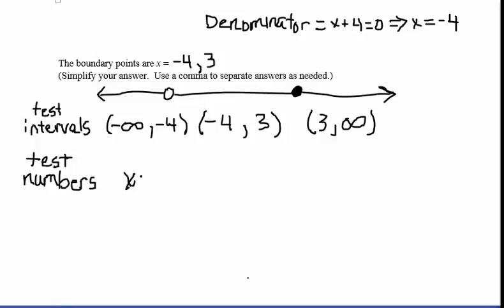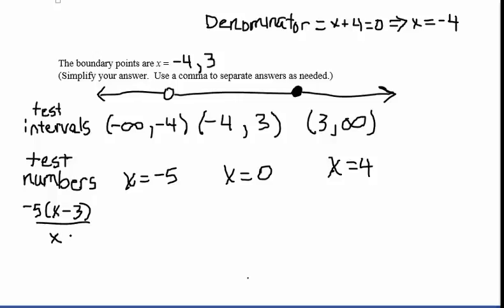The intervals represent all the numbers that are not boundary numbers. That's why none of these intervals include the boundary numbers. And I pick a number that lies in each interval. Negative 5 lies in the first interval, 0 in the second, and 4 in the third interval.